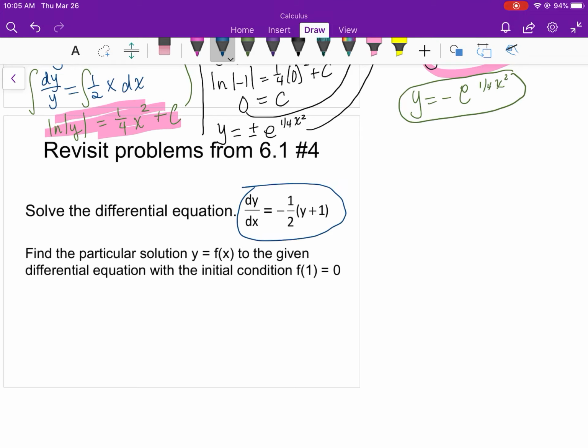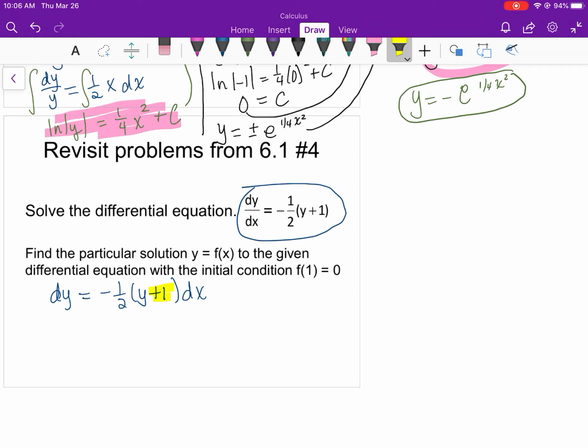Okay, so I'm going to multiply both sides by dx. Now, here's the tricky thing. You can only separate variables by using multiplication or division. You can't subtract this +1 to the other side. That is illegal.